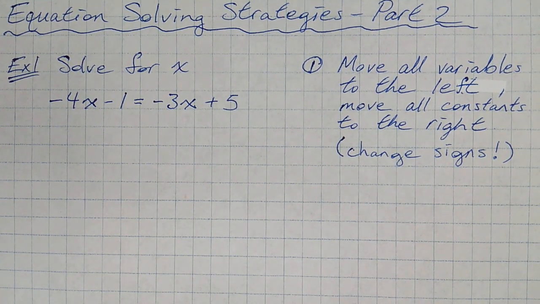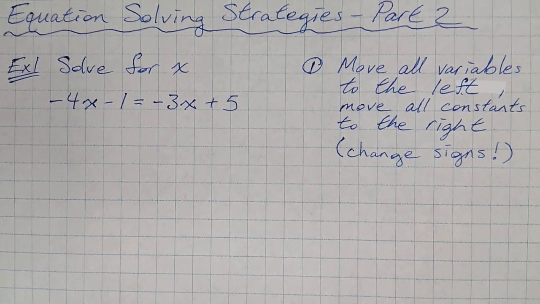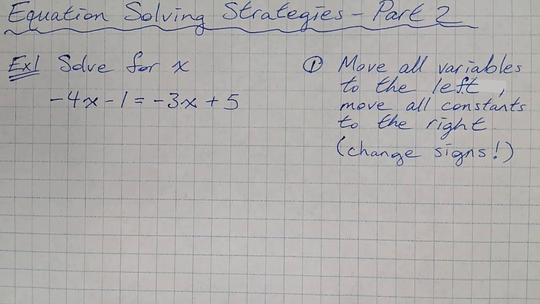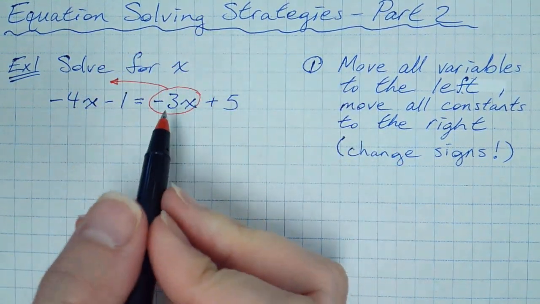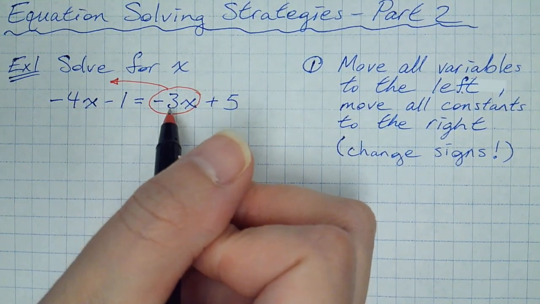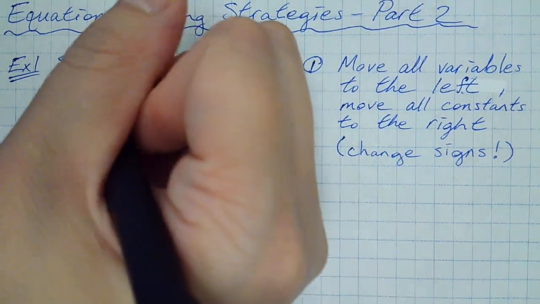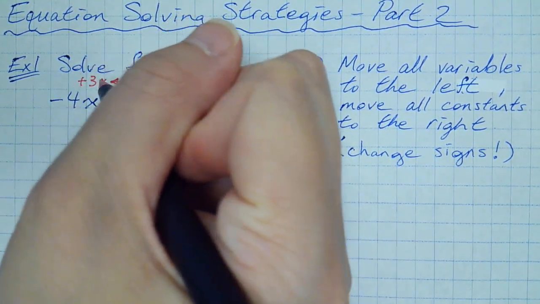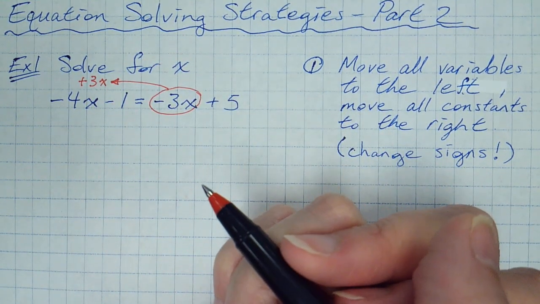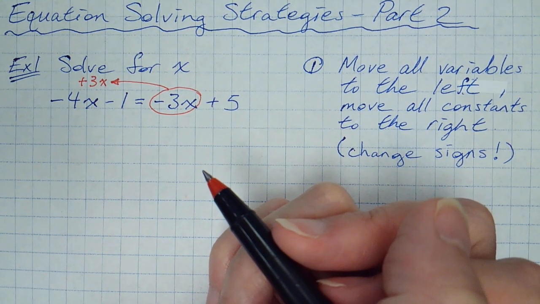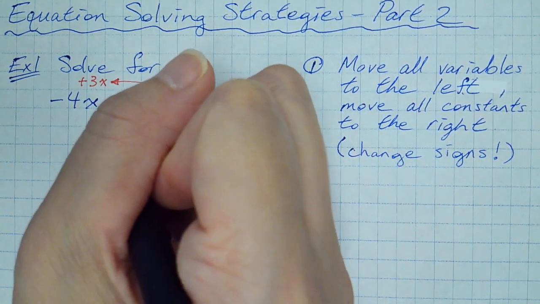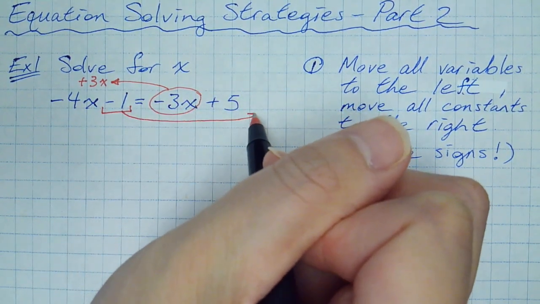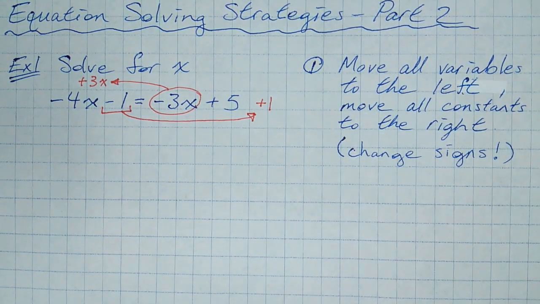Okay. So in this case, what should I move to the left side? Negative 3x. Yes, I want to move negative 3x to the left side, and it will become negative 3x plus 3x. Good. And what am I moving to the right side? Perfect. Okay.